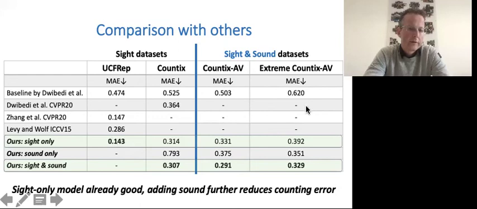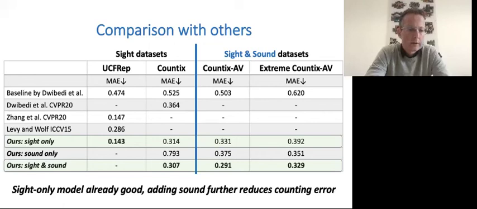Now, more interesting is to look at the sight and sound datasets, where we see slightly different behavior. So the Countix AV dataset is really a dataset where sight and sound are treated equally, because we know that the sight conditions are quite reliable, and also the sound conditions are reliable.